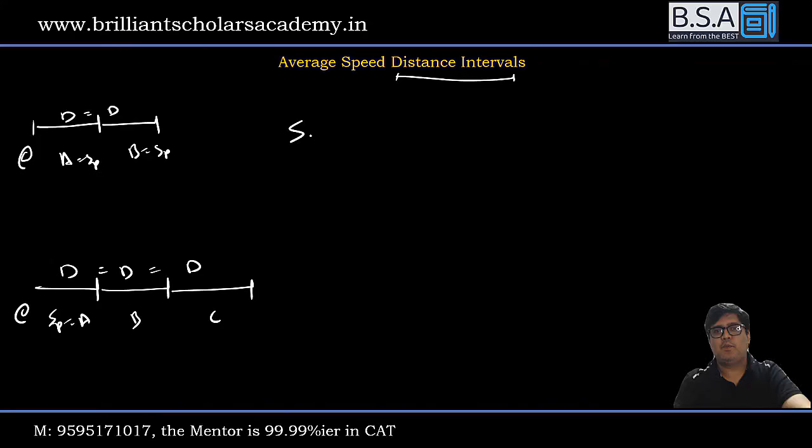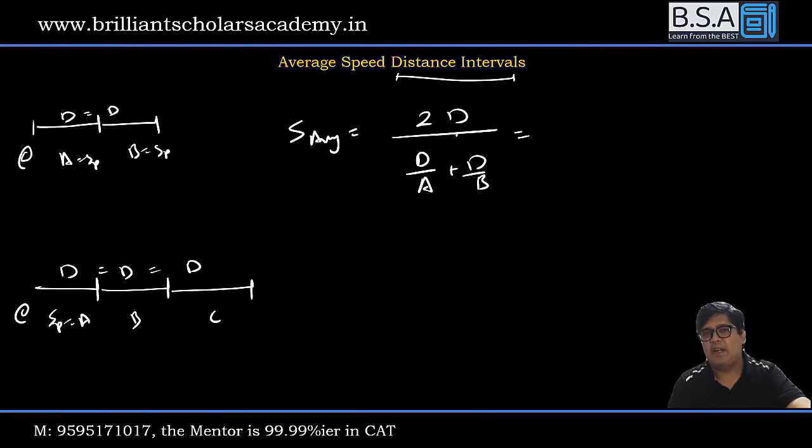Speed average will look like 2D divided by d by a plus d by b. If I cancel d from both, because d is common, it can be cancelled. This way of writing is called harmonic mean.